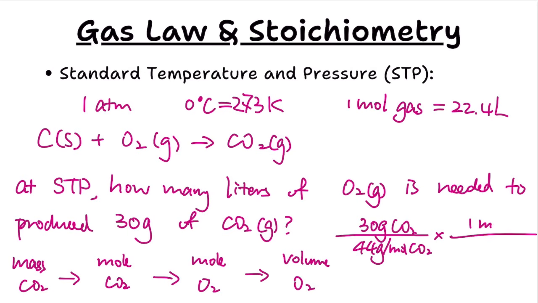So 1 mole of the oxygen over 1 mole of the carbon dioxide, and then multiply by the conversion unit between the mole of the gas and the volume of the gas at STP, which is 22.4 liters for 1 mole of the oxygen gas at STP.